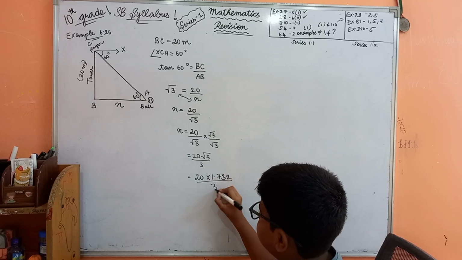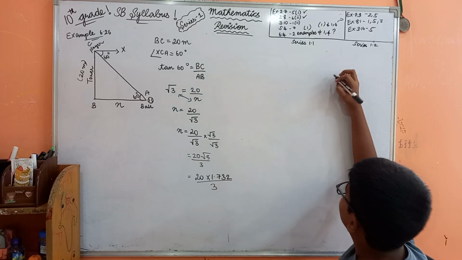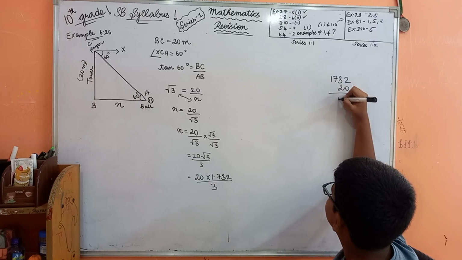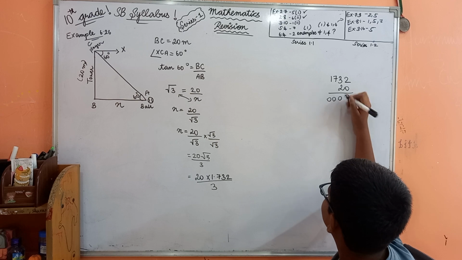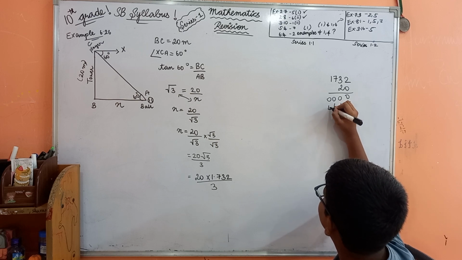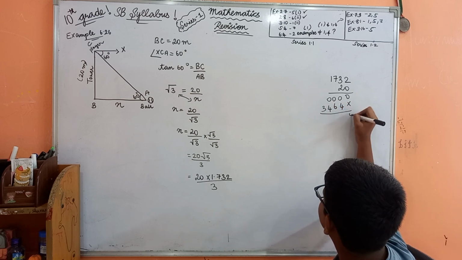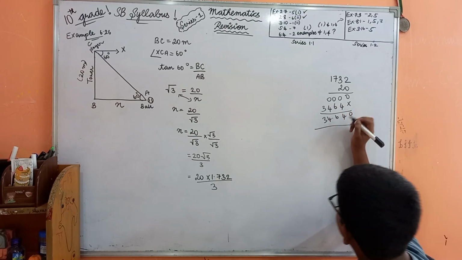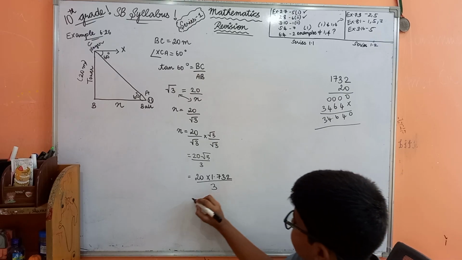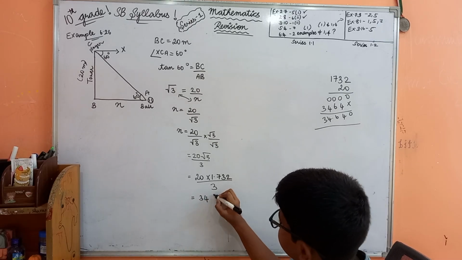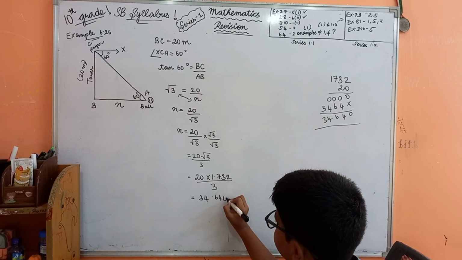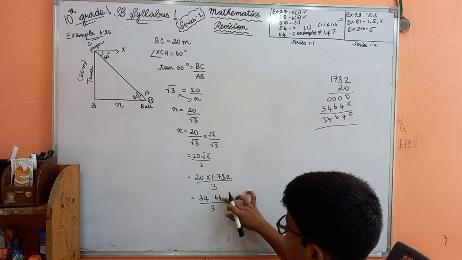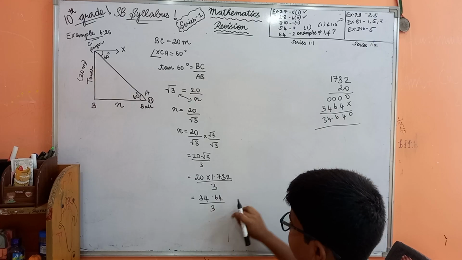So 1.732 times 20 is 34.640, divided by 3. We don't need the last 0, so I'm going to divide 34.64 by 3.